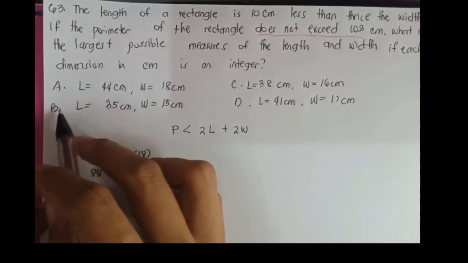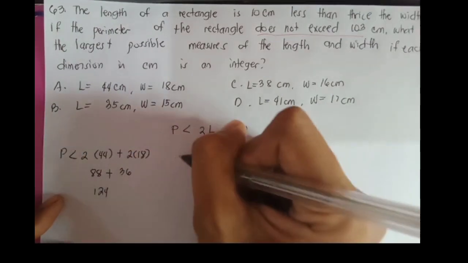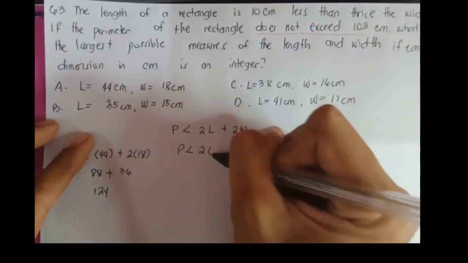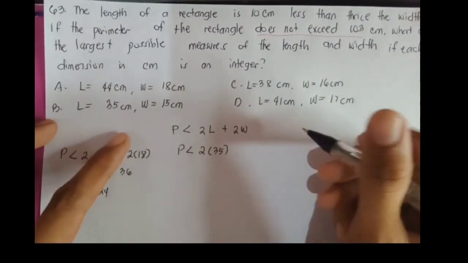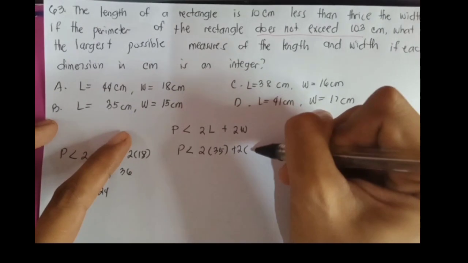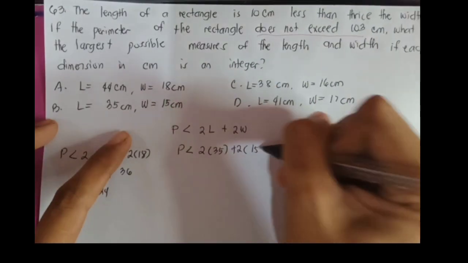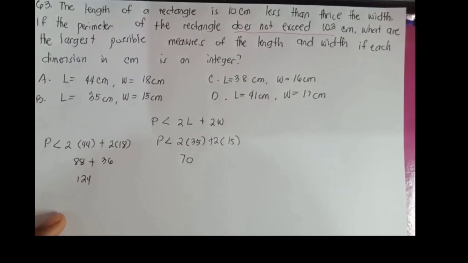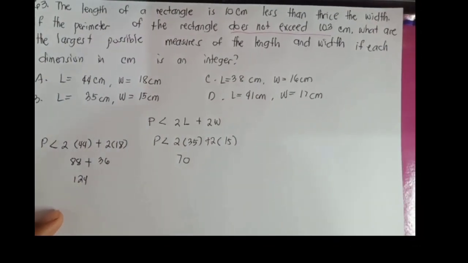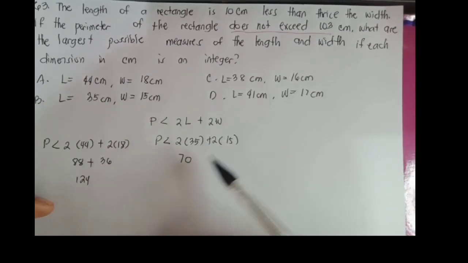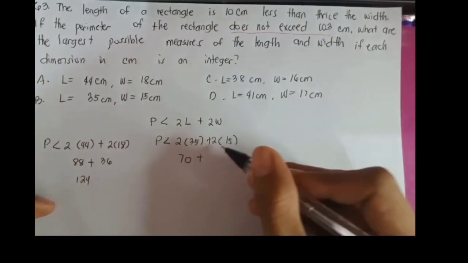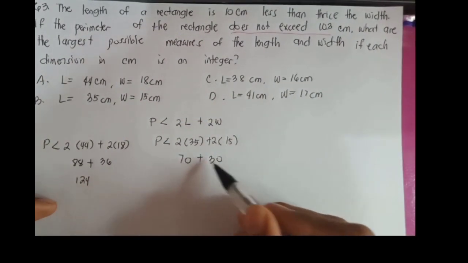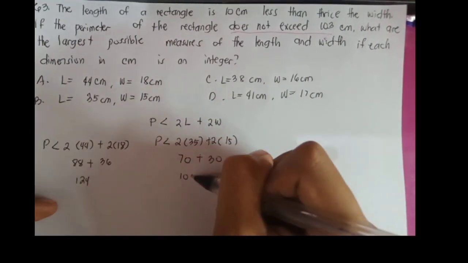Let us try option B. We have 2 times the length, which is 35, plus 2 times the width, which is 15. So we have 2 times 35 is 70, plus 2 times 15 is 30. So 70 plus 30 is 100.